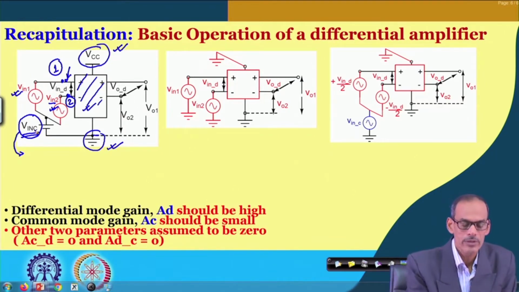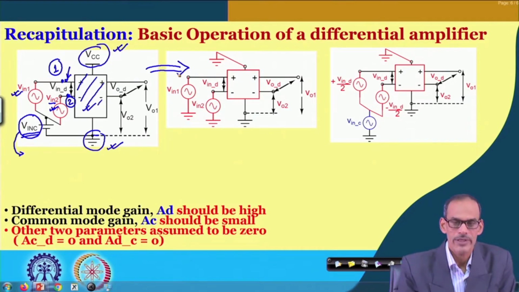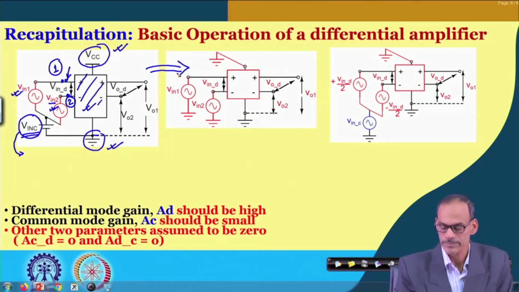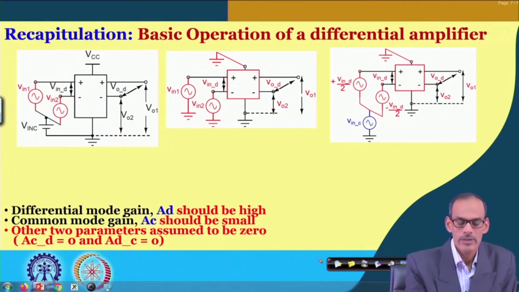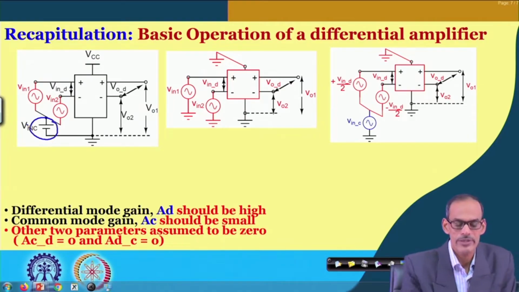Now, if we concentrate on the linearized circuit, here we have the linearized circuit. Once we are sure that all the transistors are in the proper region of operation, then we may focus on the linearized circuit, or the small signal equivalent circuit. There we consider the DC parts to be 0.